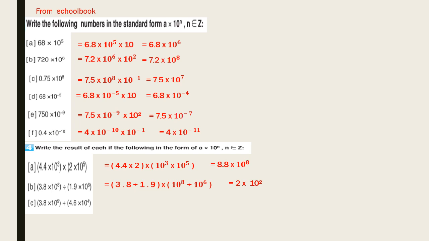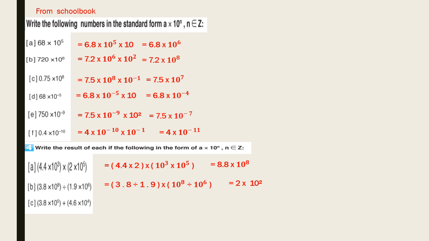Letter C, here we have 3.8 times 10 to the power 5 plus 4.6 times 10 to the power 4. Do you remember the distribution property? You can take a common factor between these numbers because we have a multiplying sign and an addition sign. So you will use the lowest power of 10, 10 to the power 5 or 10 to the power 4.